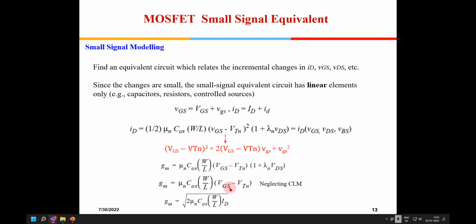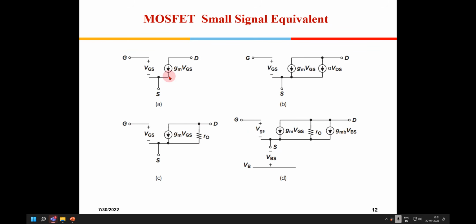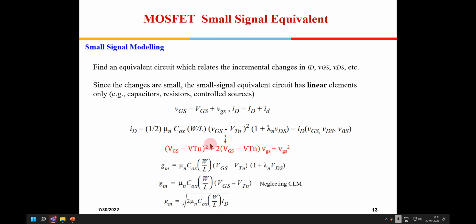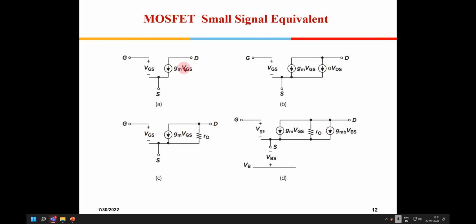Okay, this is capital VGS, the DC signal. This is gm. So this gm gets replaced by this particular equation, and for the small signal equivalent, this will be small vgs. Although it's written capital here, this will be small vgs.